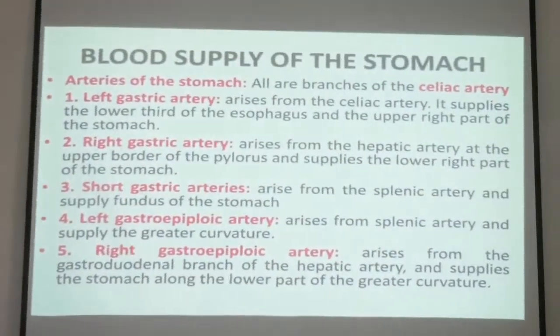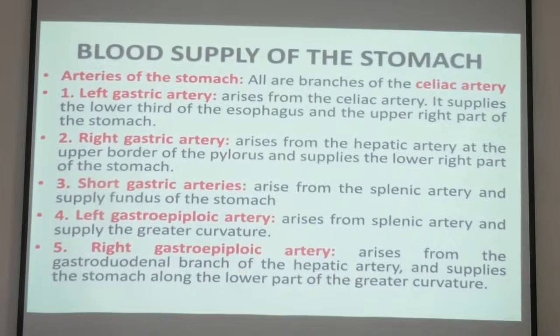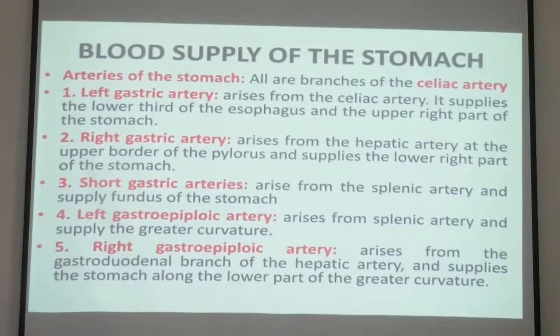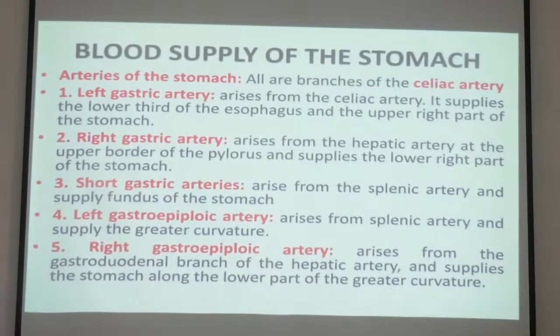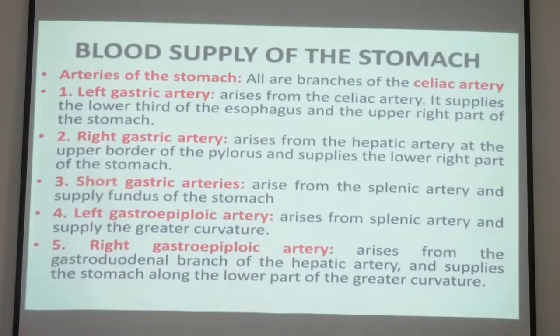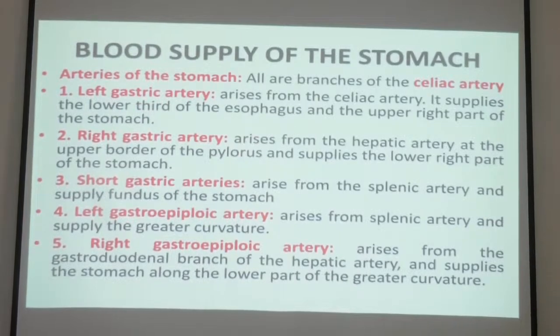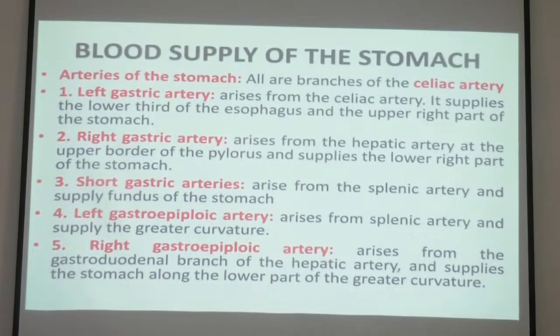Now the blood supply we have discussed in the lecture, supplied by these arteries, all are branched from celiac trunk. Okay, artery of the foregut: left gastric artery, right gastric artery, short gastric, left gastroepiploic, right gastroepiploic. Left gastric arises from celiac trunk, supplies the lower third of the esophagus and the upper right part of the stomach.